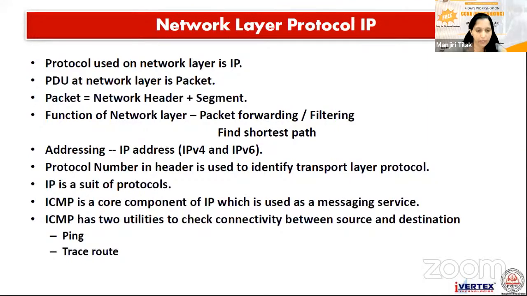So ping and traceroute are the two utilities we will use on the network layer to find out connectivity for IP communication. Is that clear, everyone? Details about IP and ICMP will be in your CCNA syllabus, but for now, is it clear? What is IP and what is ICMP? An overview of that.